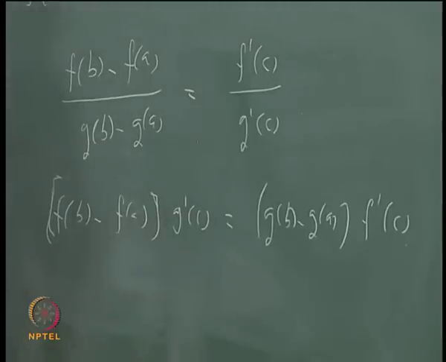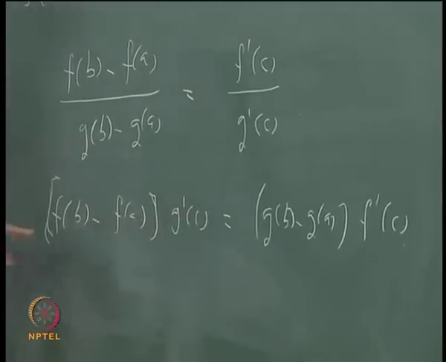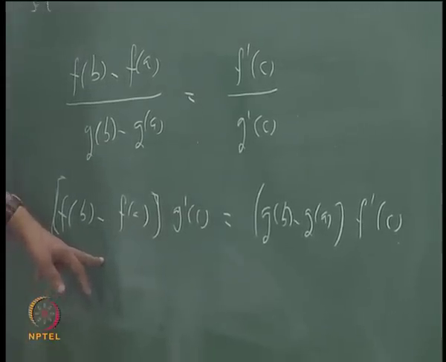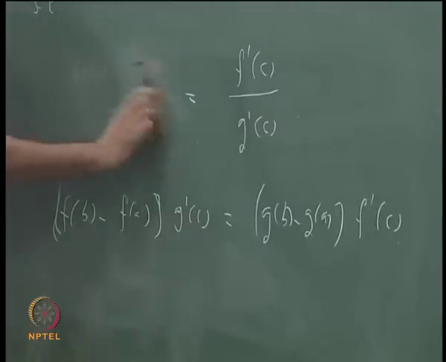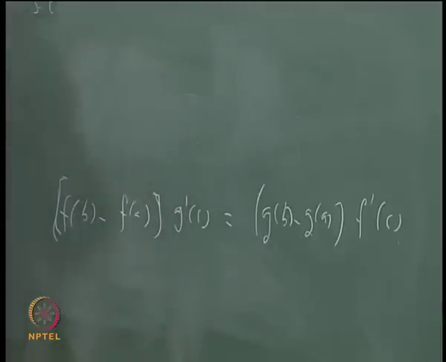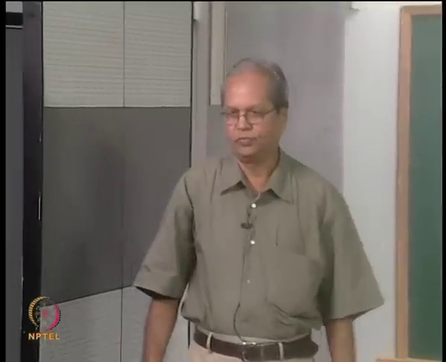If I write it like this, then there is no division involved and we don't need to make any extra assumptions. So we shall write it in this form. Now we don't have to say anything about g prime x not equal to 0, etc.